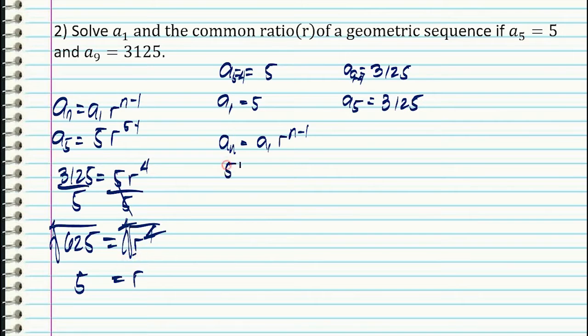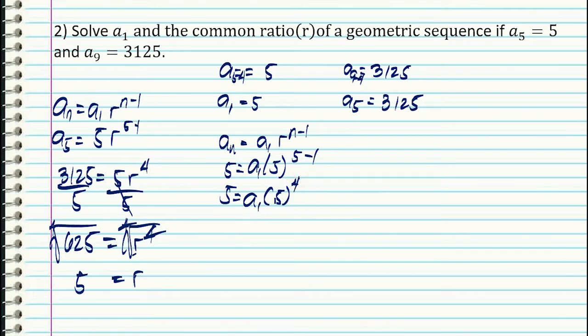So we have 5 equals a sub 1, that's actually what we are aiming to solve, times common ratio 5 to the n minus 1. So yung ating n dito is 5, so let's replace this by 5. So we have 5 equals a sub 1 times 5 raised to 5 minus 1, which is 4.